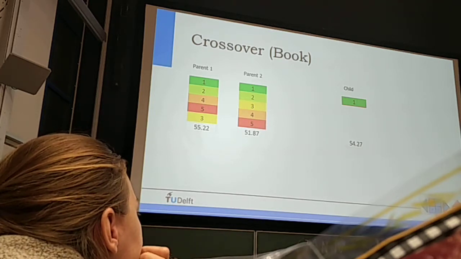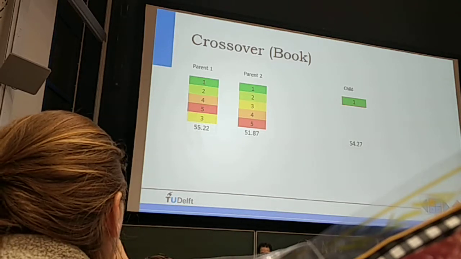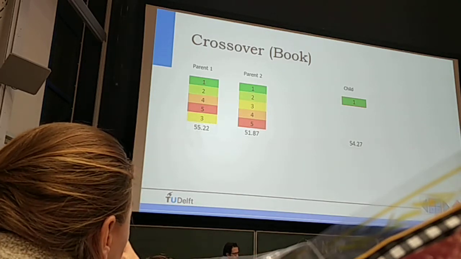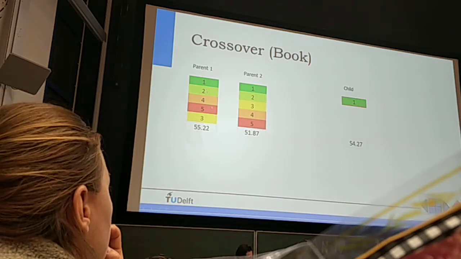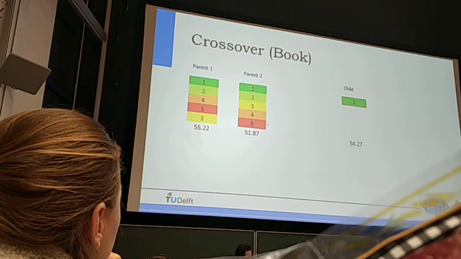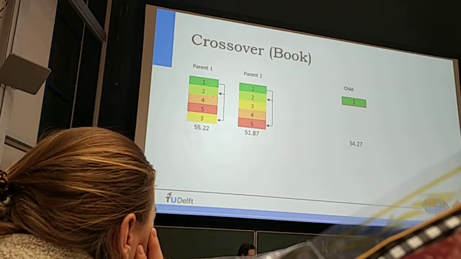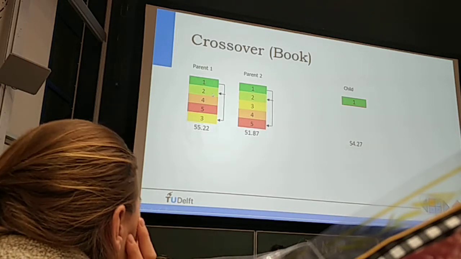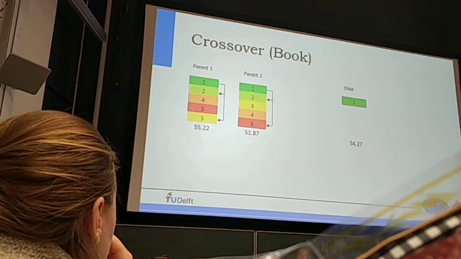But in this case, we'll start with 1. So 1 is always the starting point. Now we look at both of the parents to see what the 1 is connected to. In parent 1, the 1 is connected to 2 and to 3. For parent 2, it's connected to 2 and to 5. So that means we can now pick 2, 3, or 5. 4 is not an option, as it's not connected.